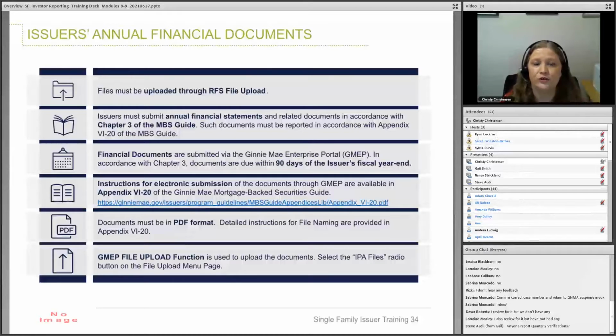These documents are due within 90 days of the issuer's fiscal year end. Appendix 6-20 provides step-by-step instructions. All documents must be in PDF format with specific file names. Submission dates of annual documents depend on your fiscal year end.